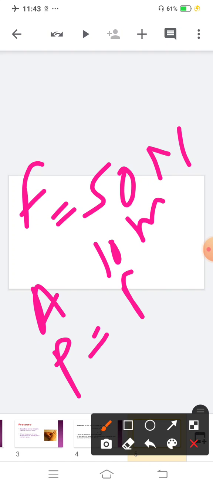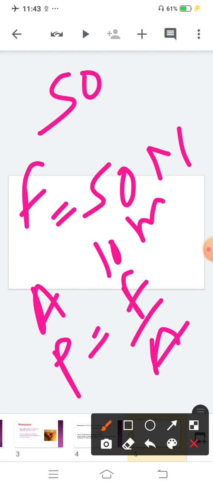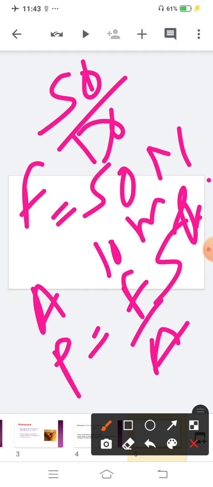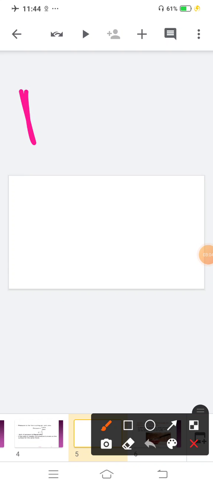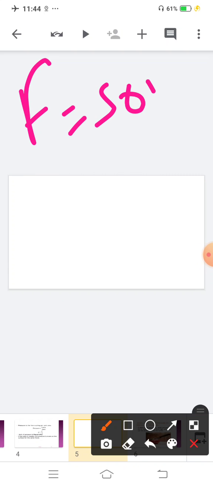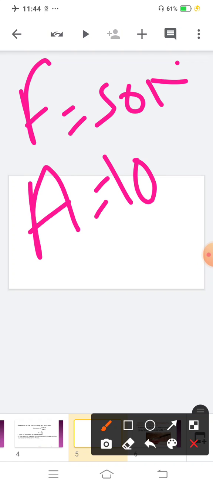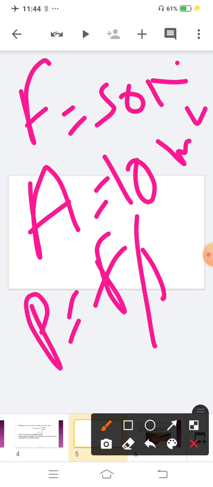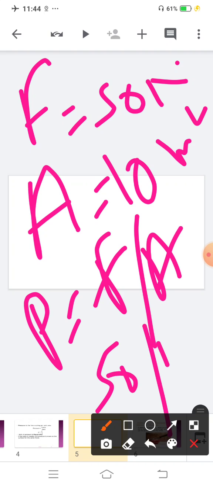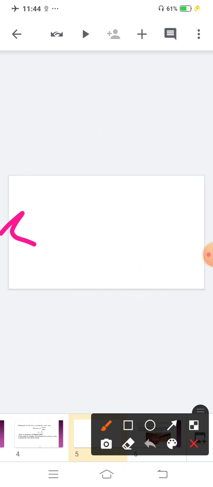P is equal to F upon A, so 50 upon 10. The zeros cancel, so it is 5 Pascal.